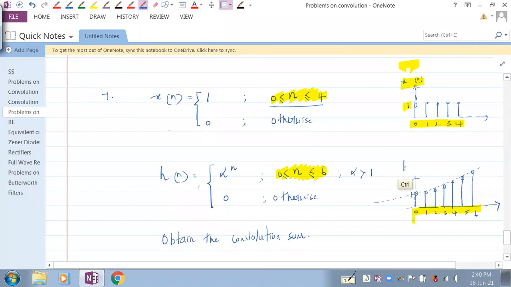This is our h of n. Now we have for the first time sketched the signals given, because the signal is given in this form. So if any finite length signals are given like this, you can draw these sequences like this. Understand? So this problem can even be done in this fashion.